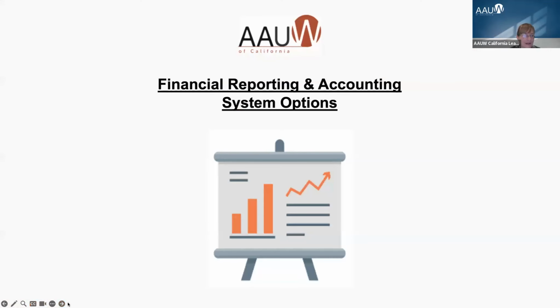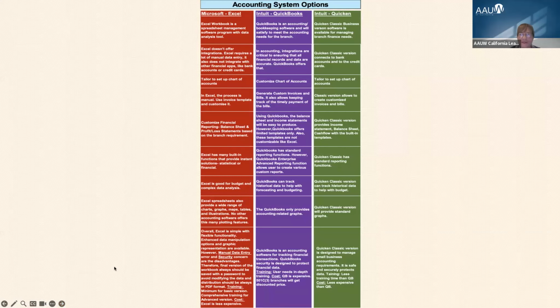QuickBooks is sufficient to meet all accounting needs for the branch. Quicken Classic Business version is also a very good option for the branch to fulfill its financial needs.